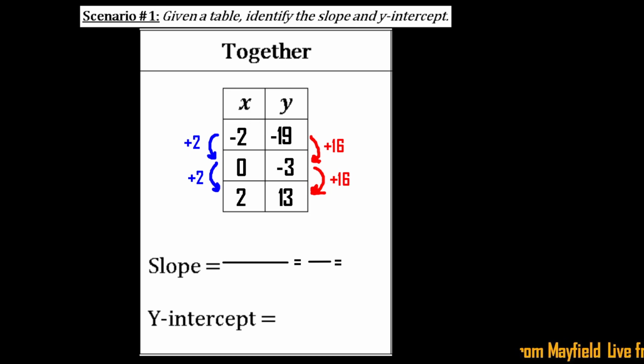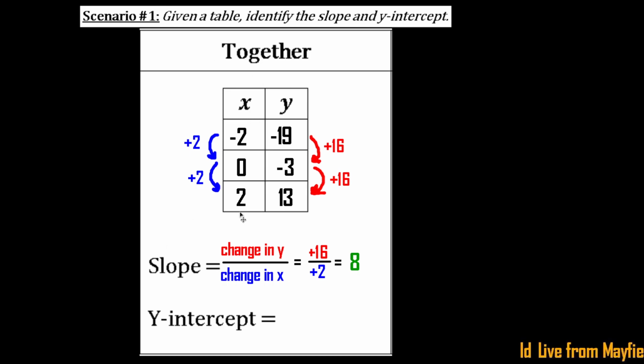I put that in for my slope: my change in y over my change in x. My change in y is +16, and my change in x is +2. You want to make sure you simplify that out. So 16 divided by 2 is +8.